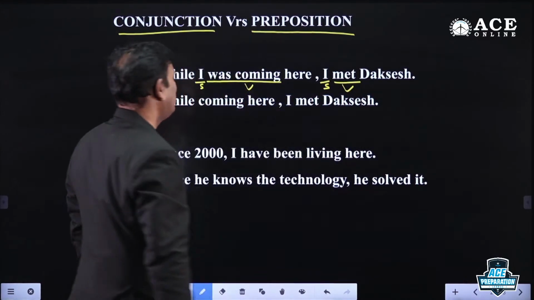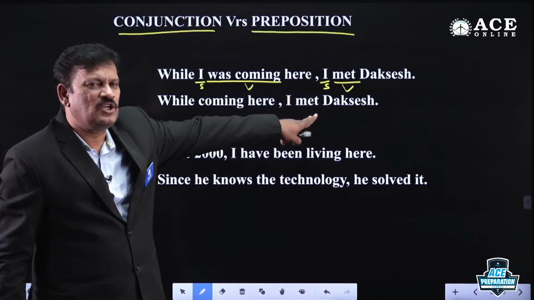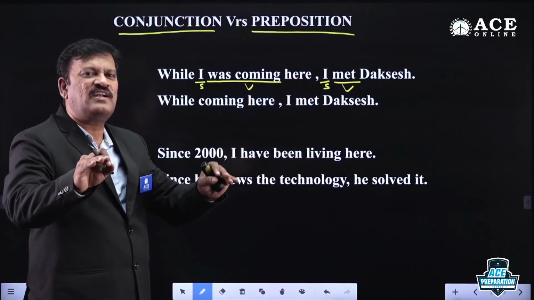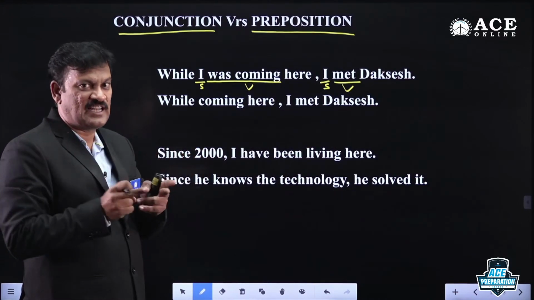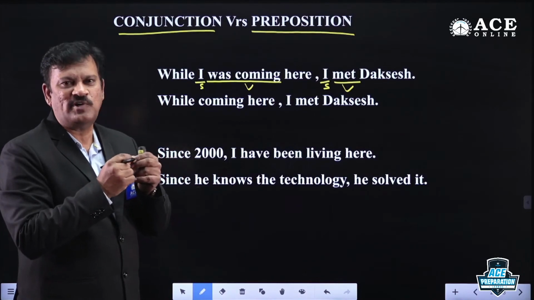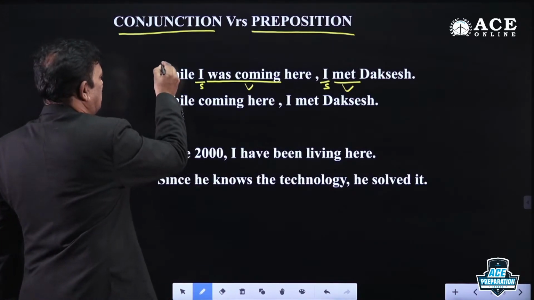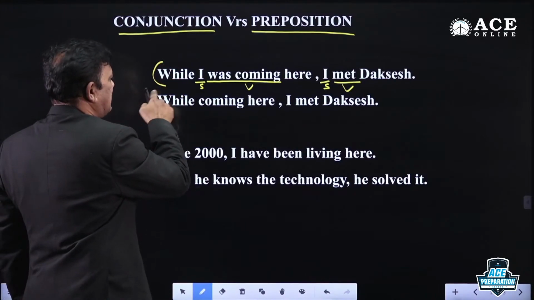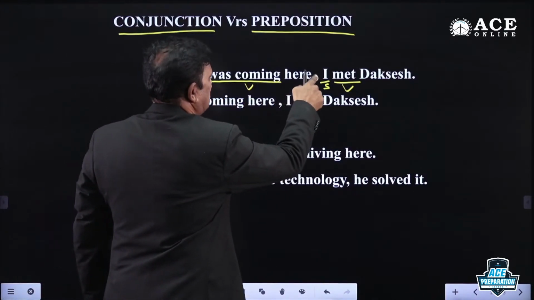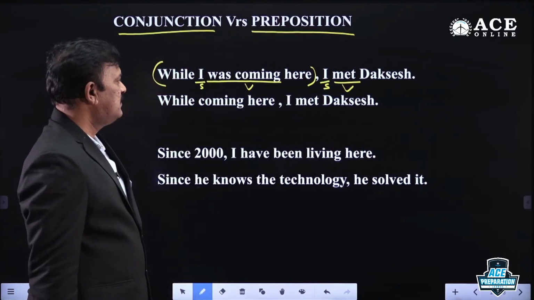Subject. See here. The moment I see there are two verbs in a sentence, definitely I understand this is not a simple sentence. It has to be compound or complex, depending on what kind of linking word I have. So, while, this is a subordinate conjunction, I start the bracket here. Where should I close? Here. Agreed. We'll come back to this.